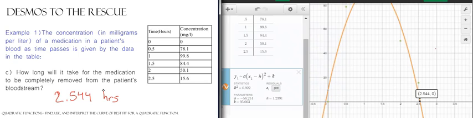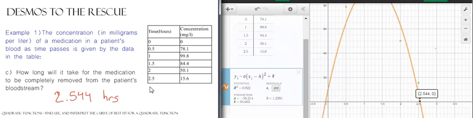Now you can kind of see inherently the usefulness of something like quadratic regression, specifically in this example, just by taking a few measurements, for instance, every half hour of the amount of medication in a patient's bloodstream. You can now use this to make predictions for the future.